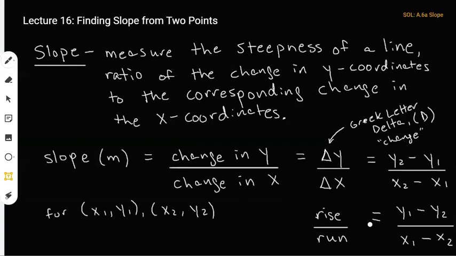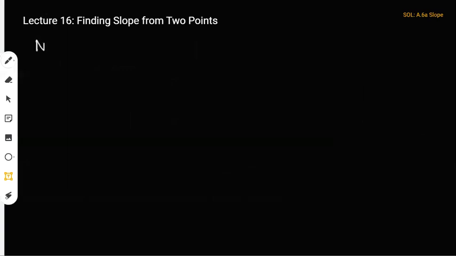Okay, we're going to be looking at number 1 in our notes. So the first one gives us 2 ordered pairs. We have -5, +3.